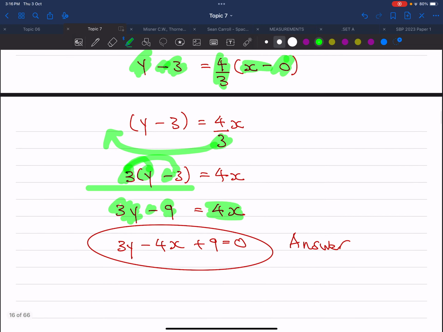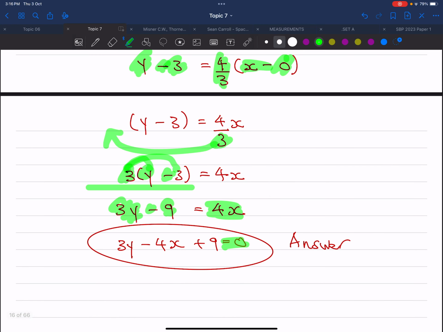Finally, the equation must equal 0, so I transfer the 4x to the left hand side, which gives minus 4x. We have 3y minus 4x minus 9. Finally, we got our answer: 3y minus 4x minus 9 equals 0.